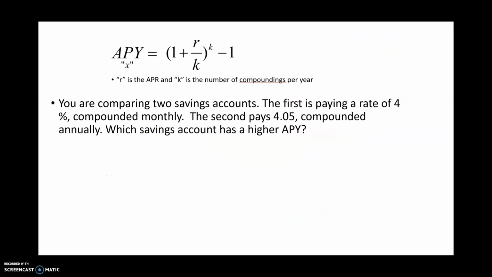So it says you are comparing two savings accounts. The first pays a rate of 4% compounded monthly. The second pays a rate of 4.05% compounded annually.